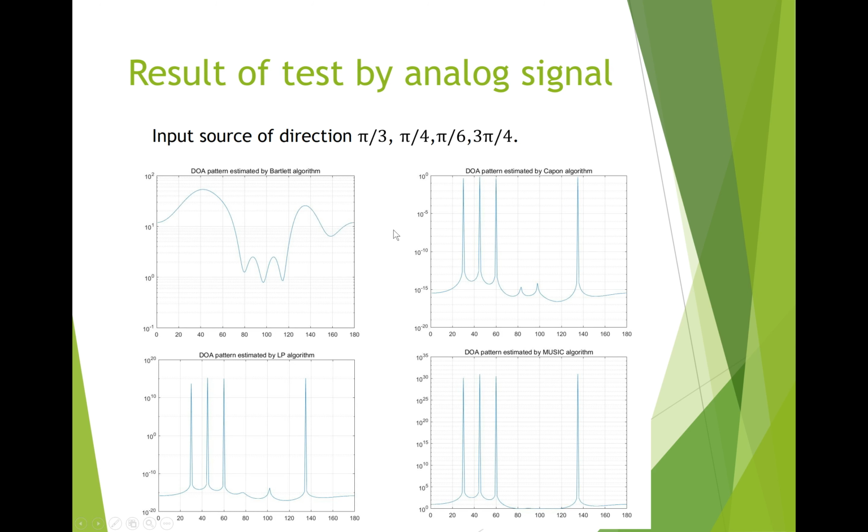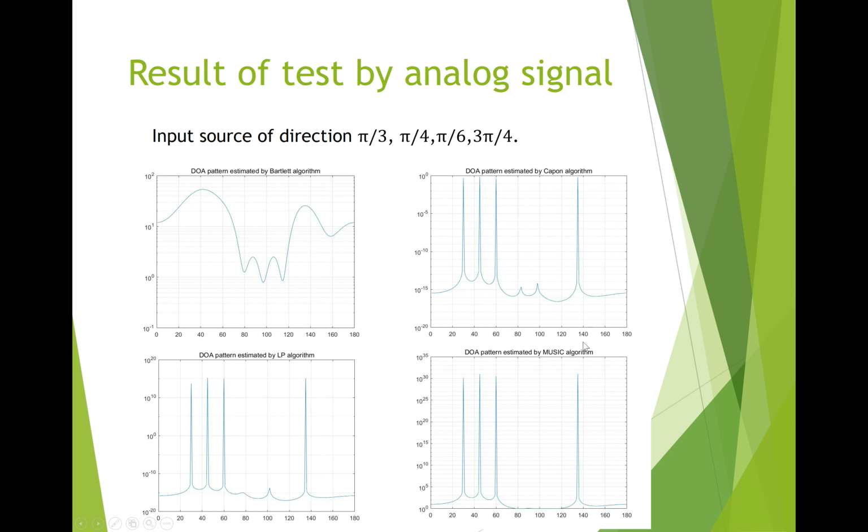These are the results of the test. The first input set is in the directions of 60 degrees, 45 degrees, 30 degrees, and 135 degrees. We can see that the Bartlett method can distinguish the 135 degrees from the remaining, but it cannot distinguish between 60, 45, and 30 degrees.